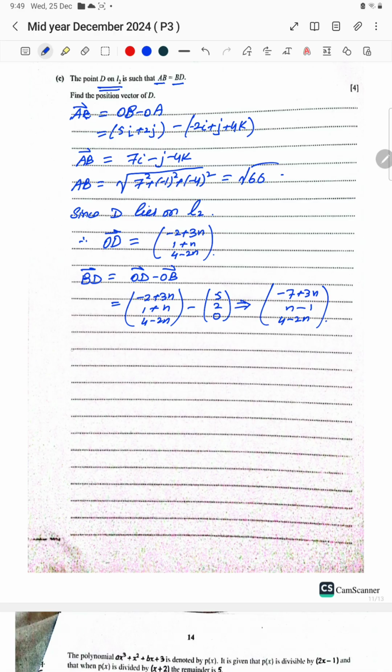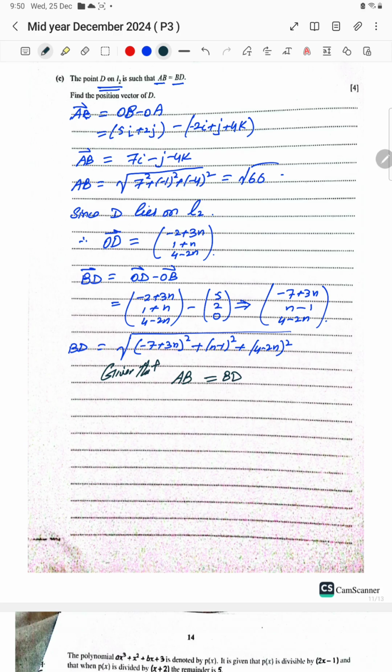Okay, so the magnitude of BD will be the square root of these components, minus 7 plus 3n whole square plus n minus 1 whole square plus 4 minus 2n whole square, square root, and it is given that AB magnitude is equal to BD.